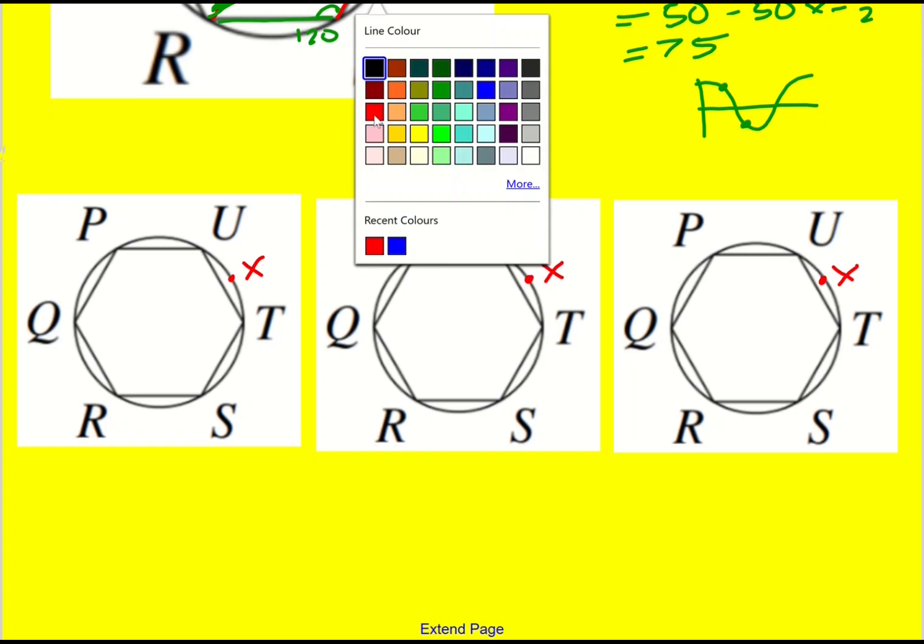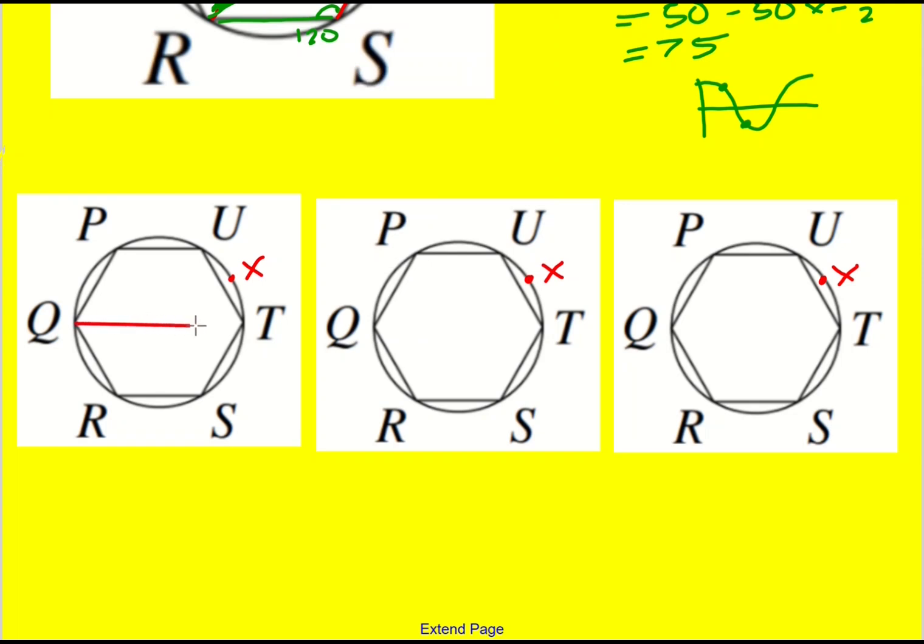Now, what we can do is consider two opposite corners at a time. And then if we connect X up to Q and to T, we'll see that we create a little triangle, and it will necessarily be a right angle triangle using the idea of angle in a semicircle.